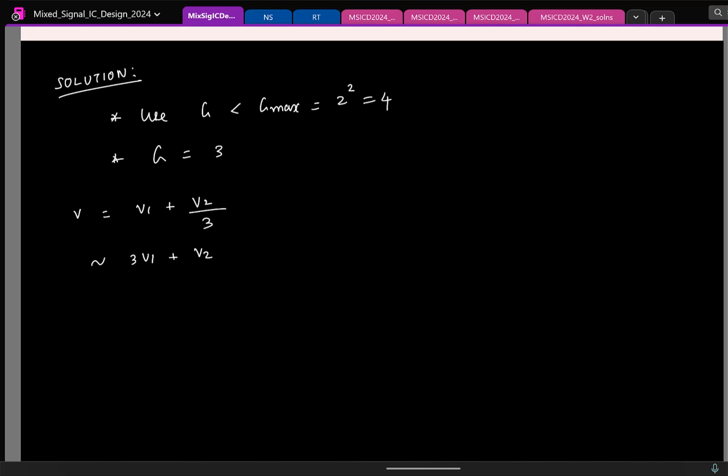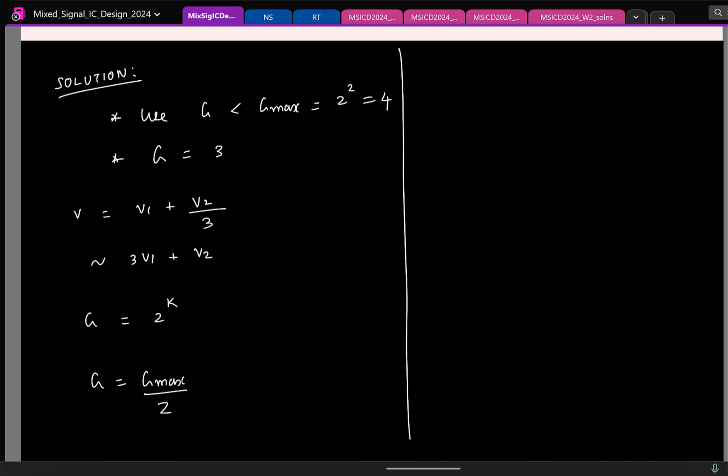Powers of 2, because that basically is right shifting or left shifting. So that's why typically we try to keep the gain to be a power of 2. So in that case, what might you use? Yeah, you basically use G to be G max by 2. That is something we can do.